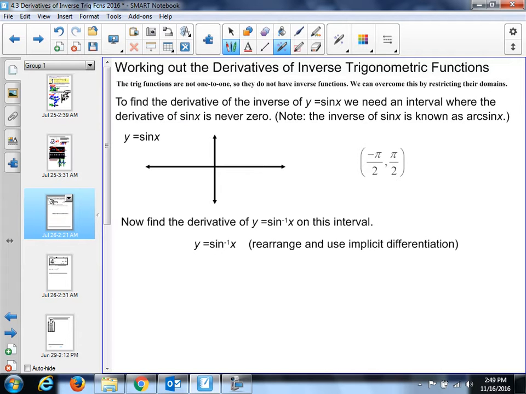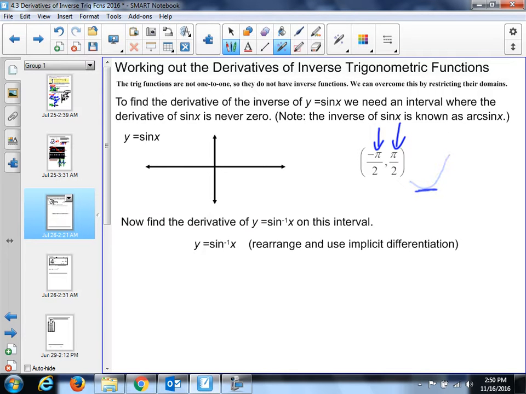Now, as I said before on the previous page, the sine looks like this. It's 0 here, though. To find the derivative, we need an interval where the derivative. Oh, my mistake. The derivative. I knew it as I said it. So we need to stop there, right? We need to stop there. What are those two values? That's from negative pi halves to positive pi halves.